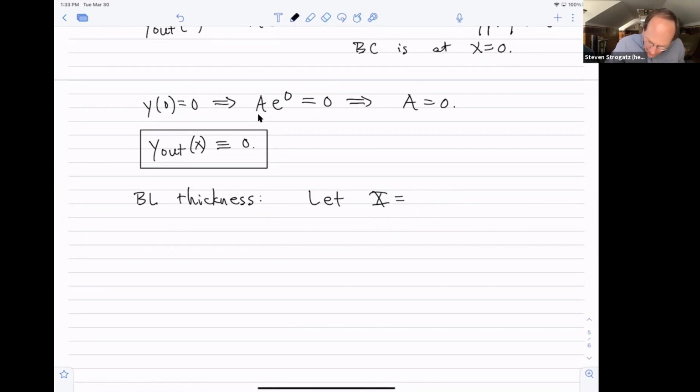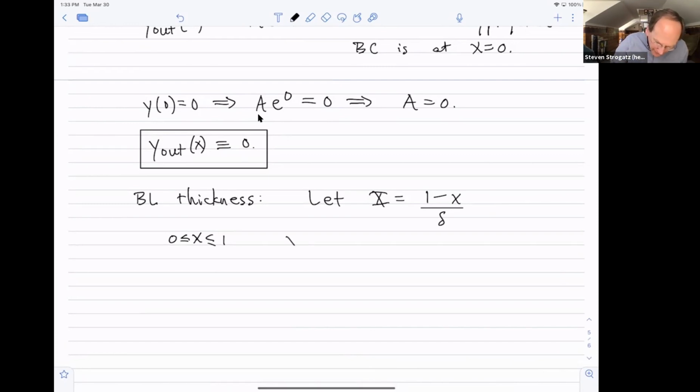That is, I'm going to define big X to be 1 minus little x, all divided by delta, where remember my x is running between 0 and 1.